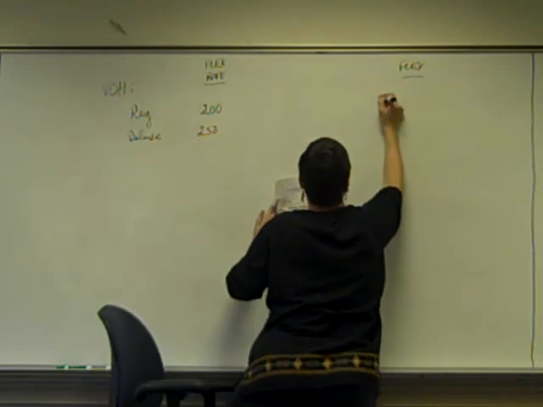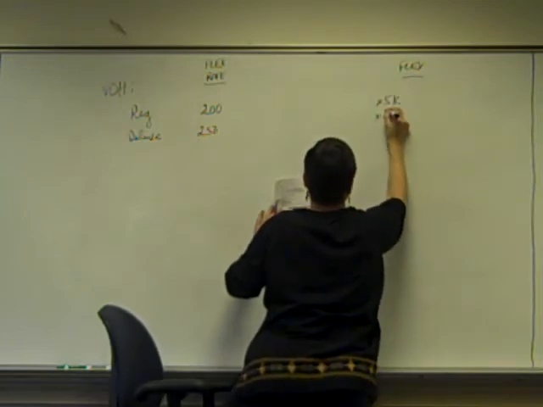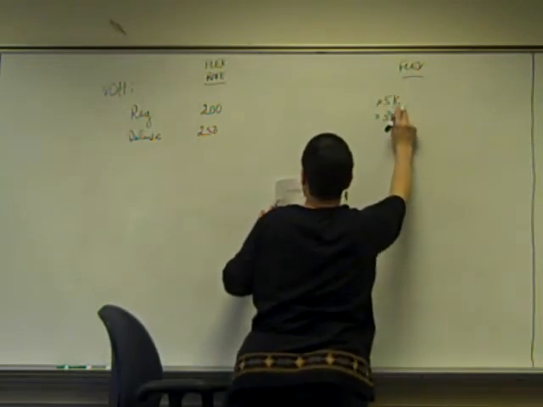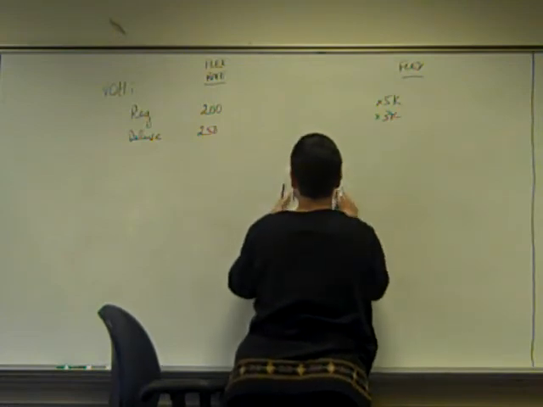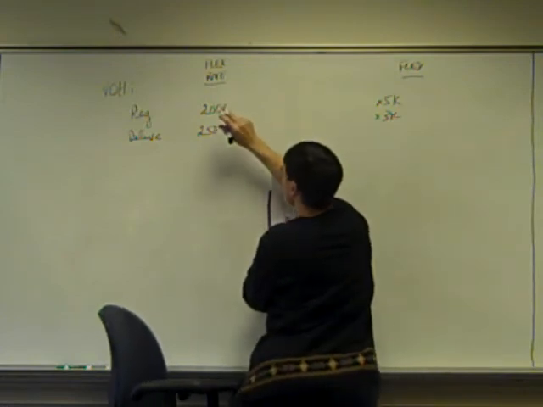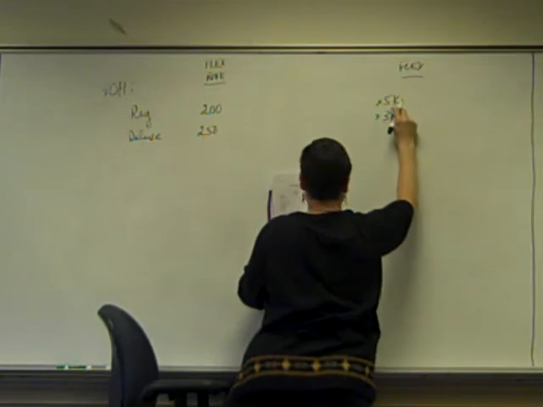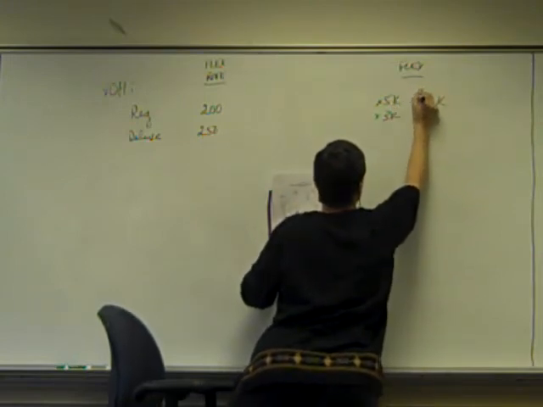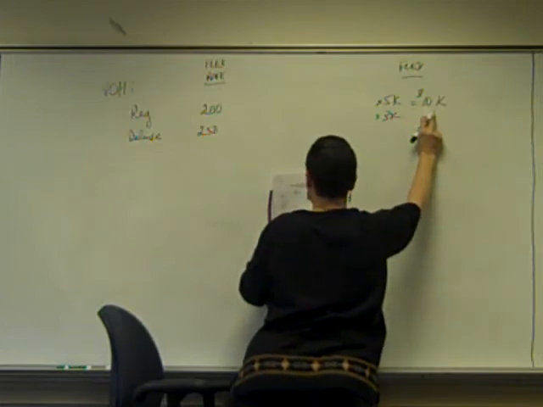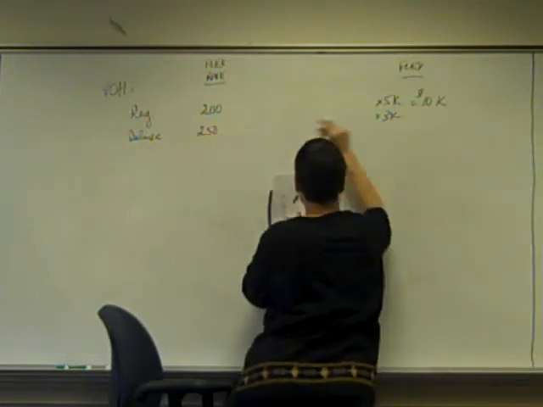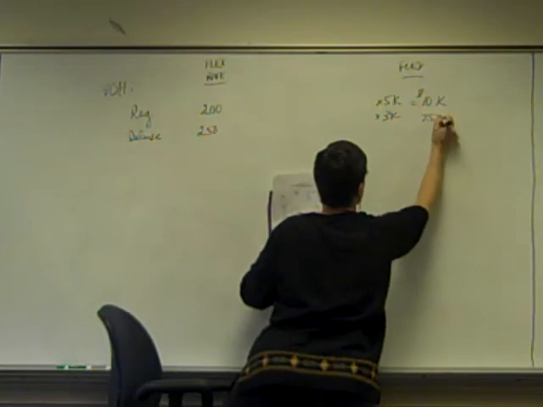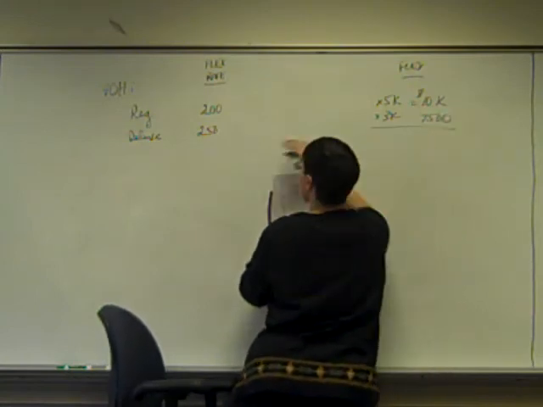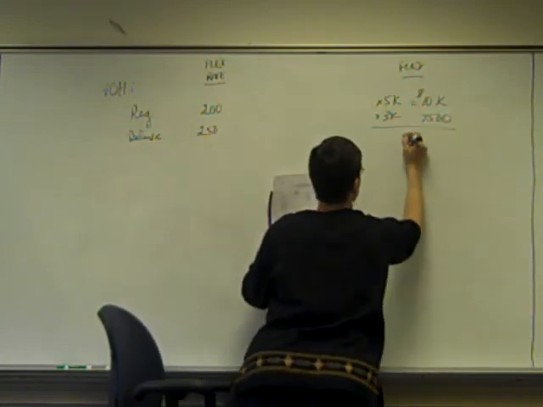So, what did we actually make? We actually made 5,000. So our overhead should have been $2 a unit times the 5,000 actual units. We should have had in the budget 10,000 for variable overhead for the regular. We should have had 2.50 times 3,000, 7,500 variable overhead for the deluxe.